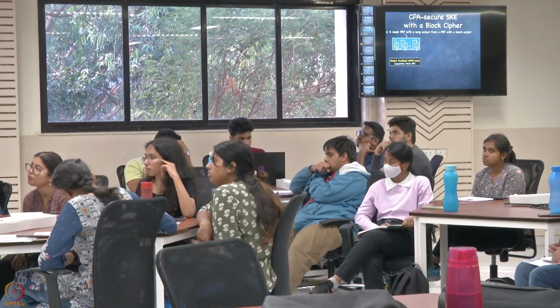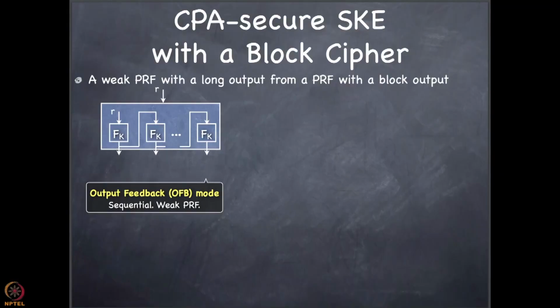The B that you got was actually by feeding in A. So next time you feed this A, that C will be equal to the B. Does that make sense? If you feed R, you got A comma B. What is that B? B is just F_K applied to A. So if you feed A now, you get C comma D. C is also F_K applied to A.